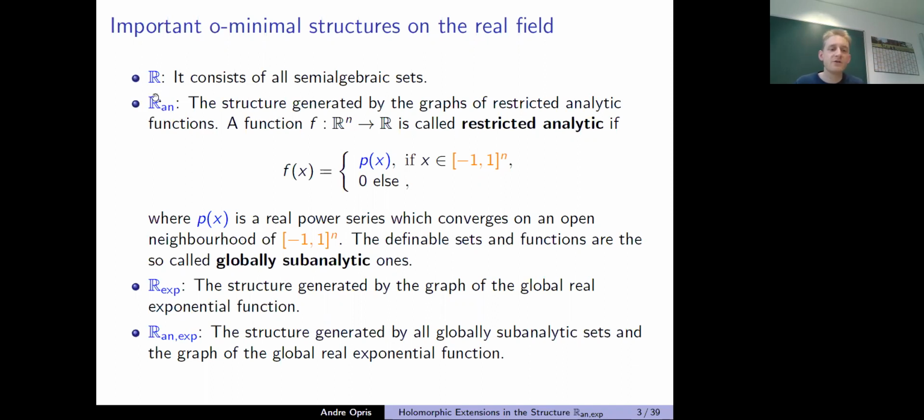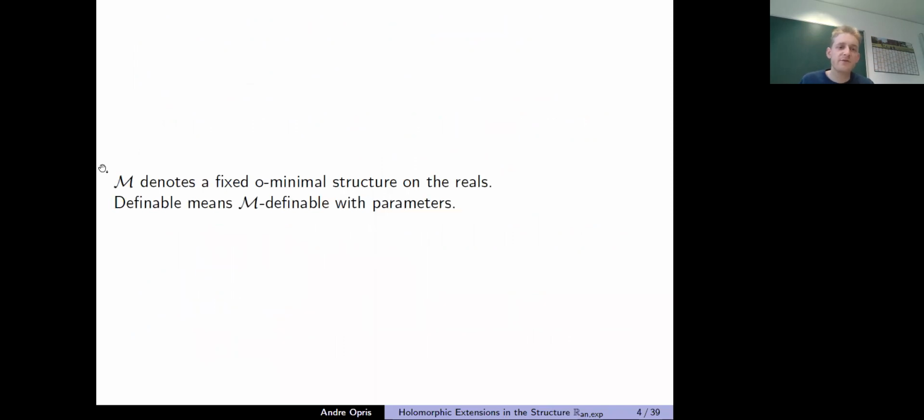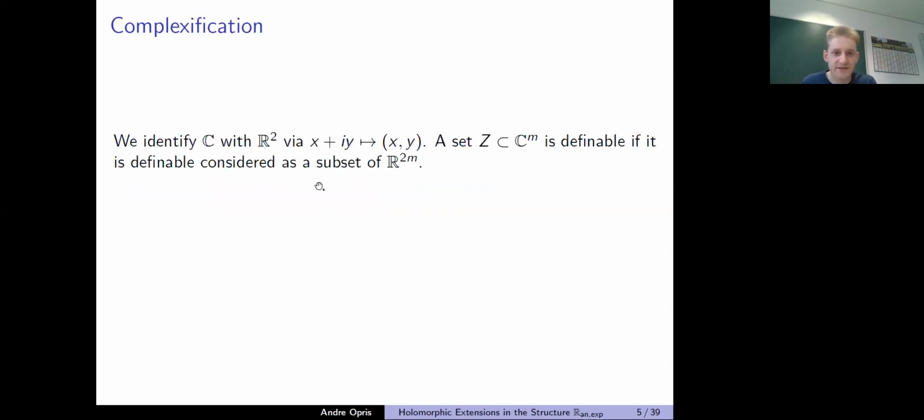Okay, so starting from these examples, I want to introduce now the notion of complexification. Therefore, we fix an o-minimal structure on the reals, and we say also that definable means definable in this structure with parameters. And what is now global complexification?